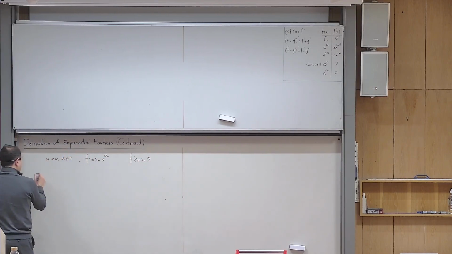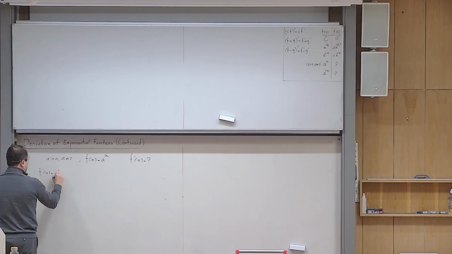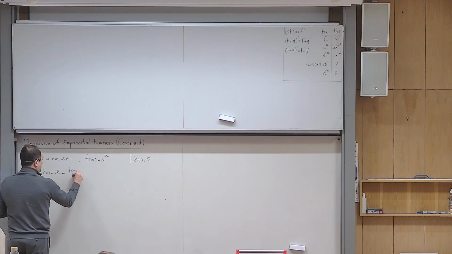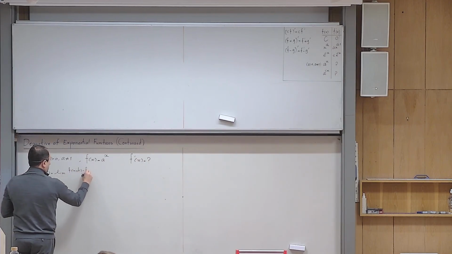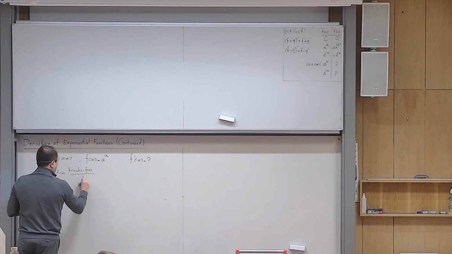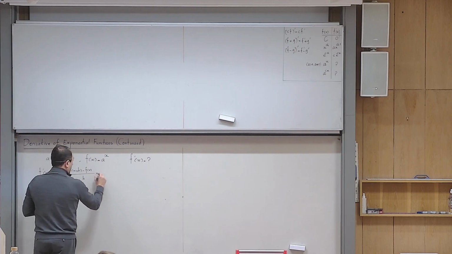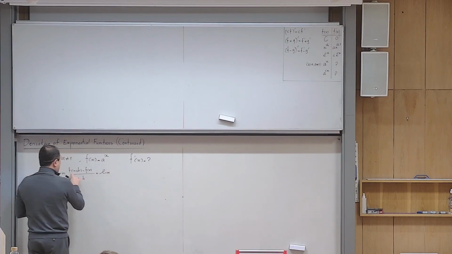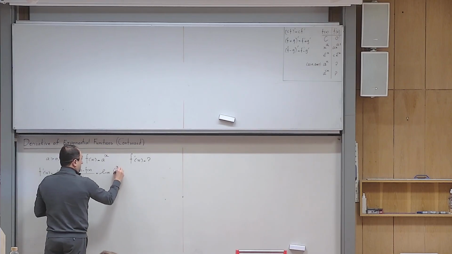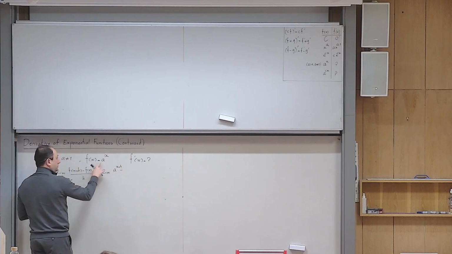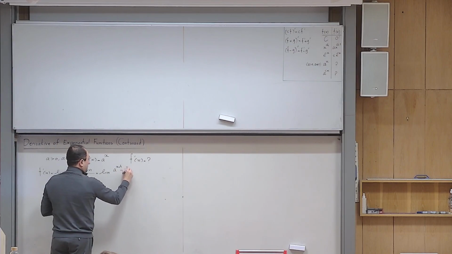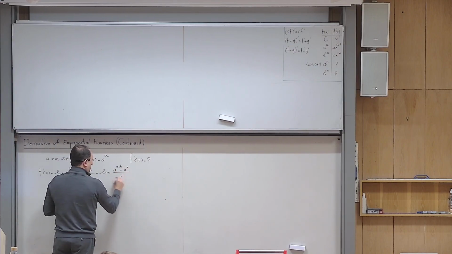If you remember, we started from the definition of the derivative, which is the limit of f of x plus h minus f of x, divided by h, as h goes to 0. And then we wanted to calculate this limit. Instead of f of x plus h, we write a to the power of x plus h minus, instead of f of x, I write this, divided by h, h goes to 0.